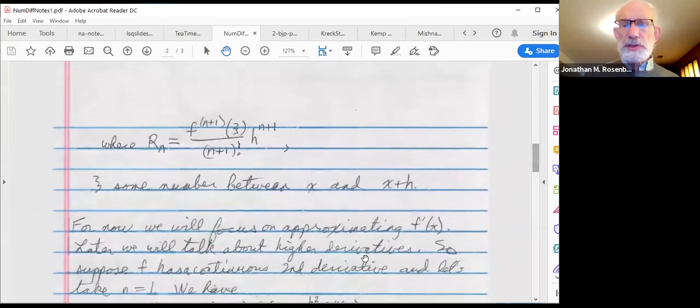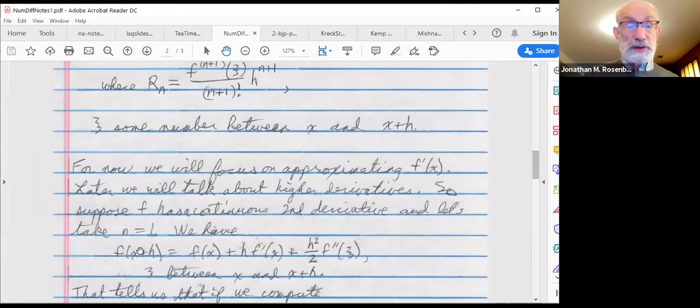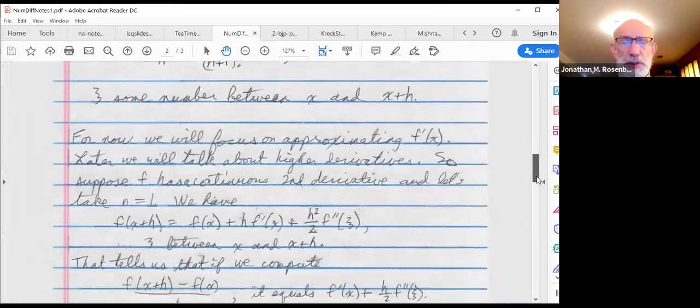So now we're interested in approximating f prime. Later we'll talk about higher derivatives, but suppose f has a continuous second derivative and we take n equal to 1. So then we have f of x plus h is f of x plus h f prime of x plus h squared over 2 f double prime at xi, where xi is somewhere between x and x plus h.